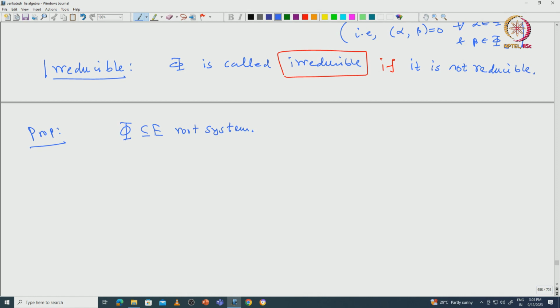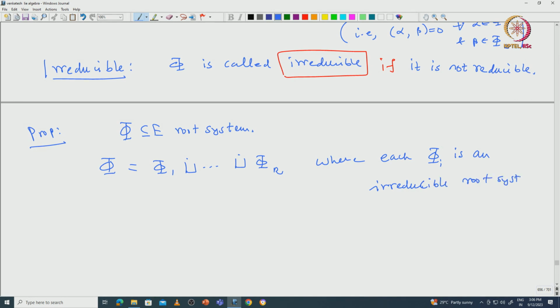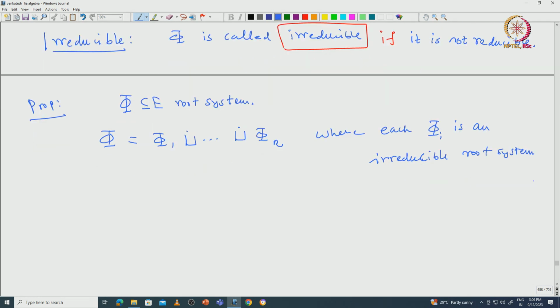we can write phi as phi 1 direct sum etc. direct sum phi k. That means phi 1 disjoint union etc. disjoint union phi k, where each phi i is an irreducible root system, and all these are orthogonal to each other.